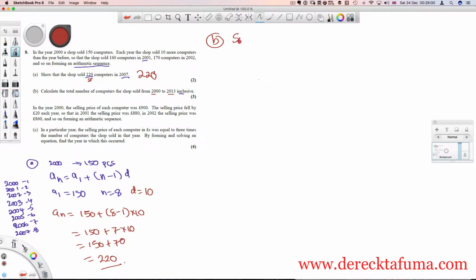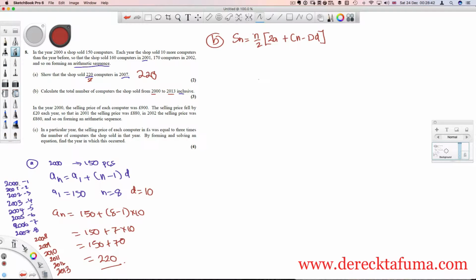So the formula for that is S sub n equals n over 2, times (2a plus (n minus 1) times d). Because it's from 2000 to 2013, we can carry on from here: 2008, 2009, 2010, 2011, 2012, 2013.